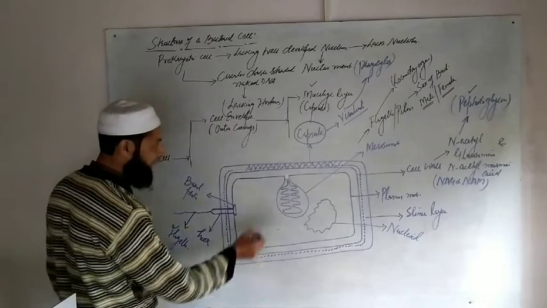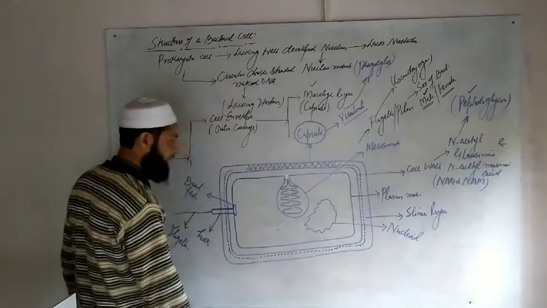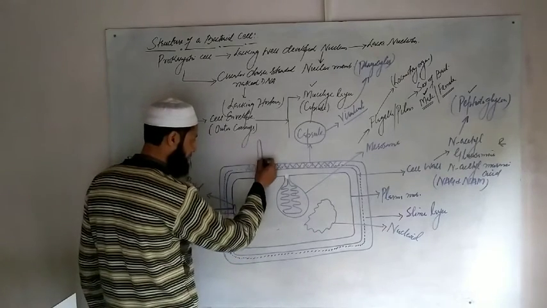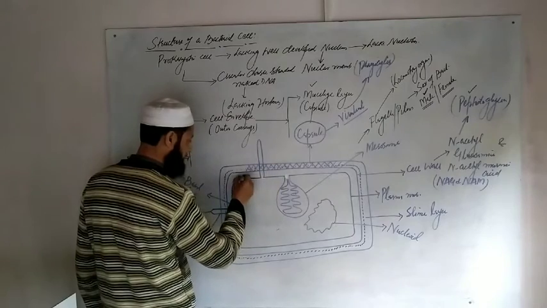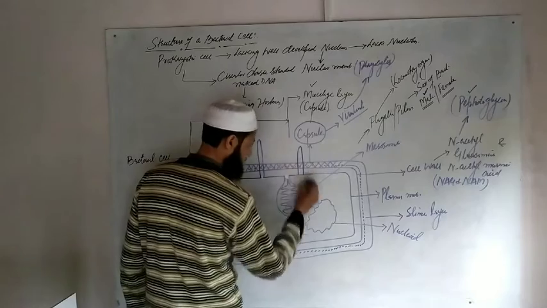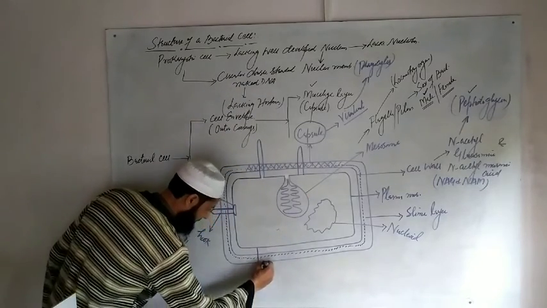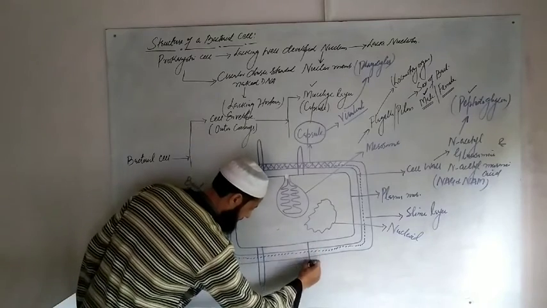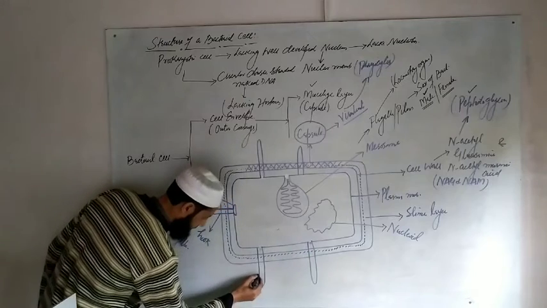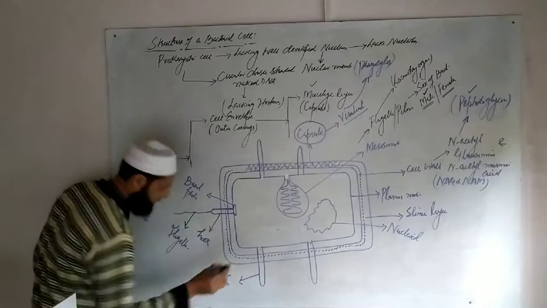Plus, in some bacteria, in case of male bacteria, the plasma membrane also bears a number of protrusions in the form of pilus. We call them pili. Singular is called pilus.